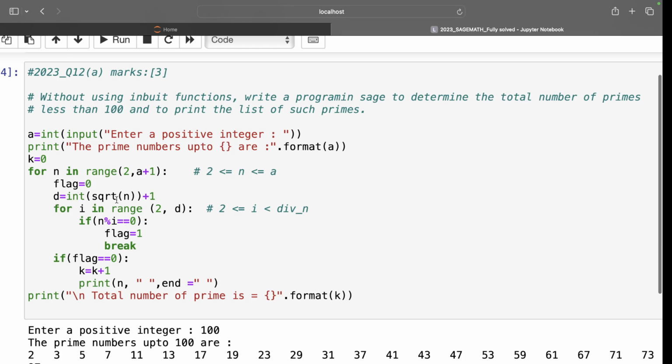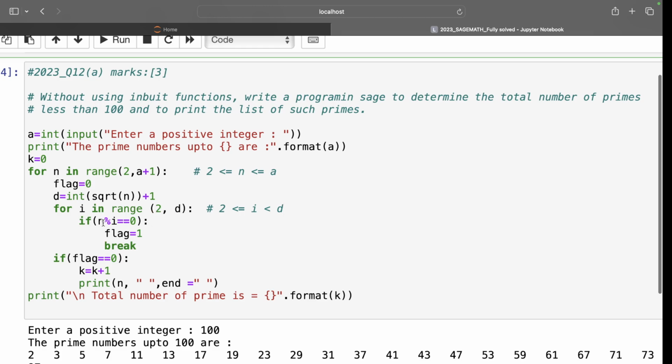D is the integer value of the square root of n plus 1. First find the square root of n and take the integer part plus 1. This is D. For i in range 2 to D, that means 2 less than or equal to i less than D, for i equal to 2, 3, 4 up to D minus 1.